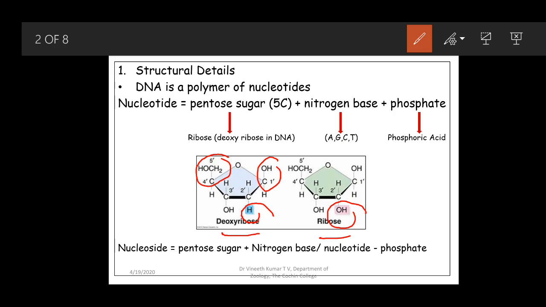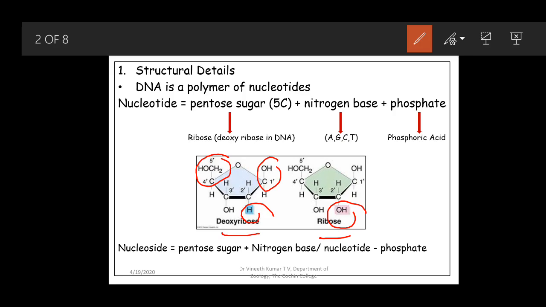So these are the two positions, the 1' carbon and the 5' carbon. Here you will note the numbering of the carbon. Here it is represented as 1', 2', 3', 4', and 5'.